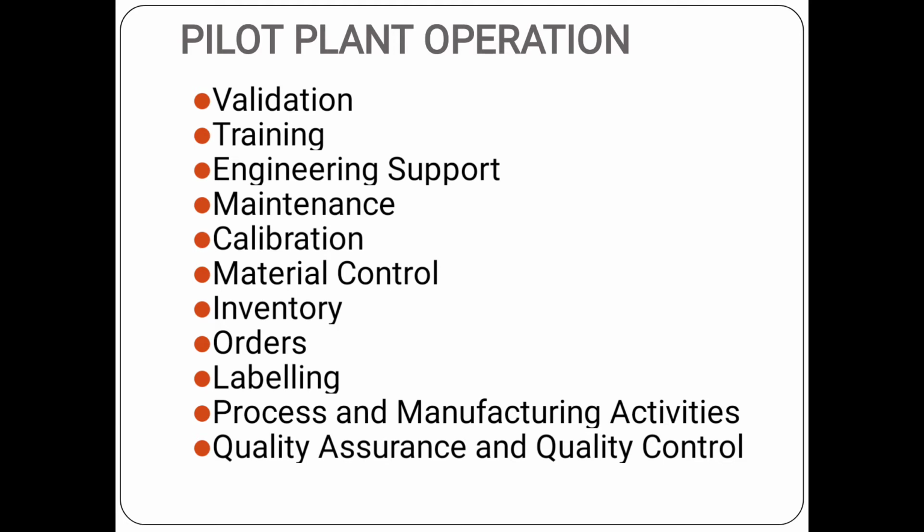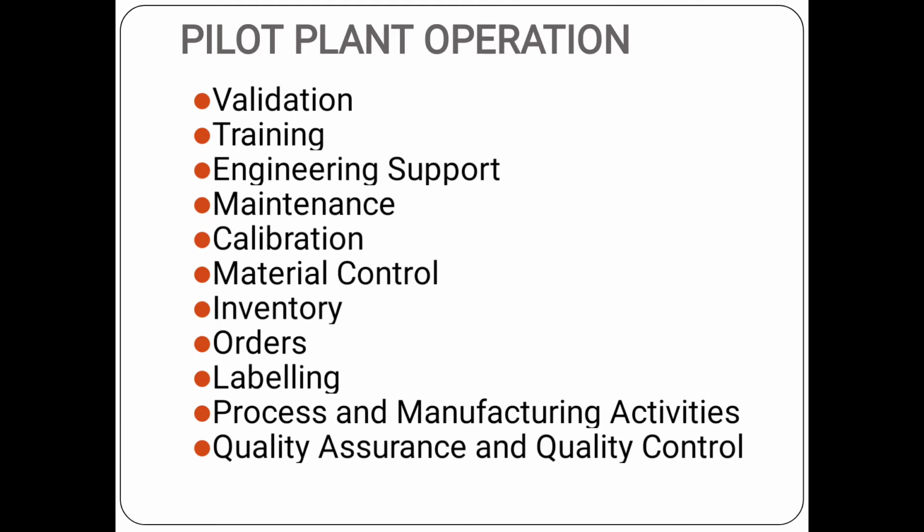So, with the help of quality control tests, various types of quality control tests have to be carried out. In-process quality control tests are there. During the process, we have to check whether the process is being followed in a proper way or not, whether it is in a standard way or not.